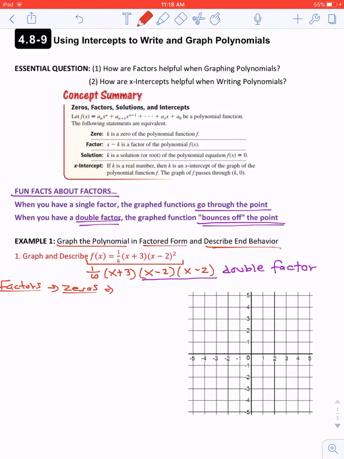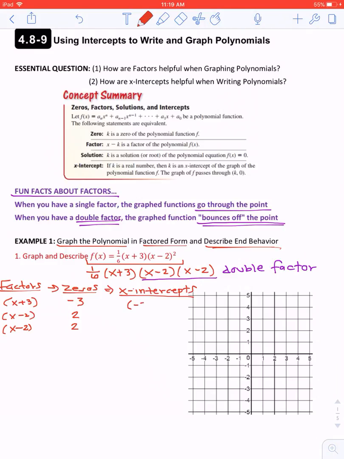And zeros on a graph are your x-intercepts. So I have x plus 3, x minus 2, x minus 2. So those zeros, what would x have to be to make a 0? -3, 2, and 2. So I have 3 x-intercepts.